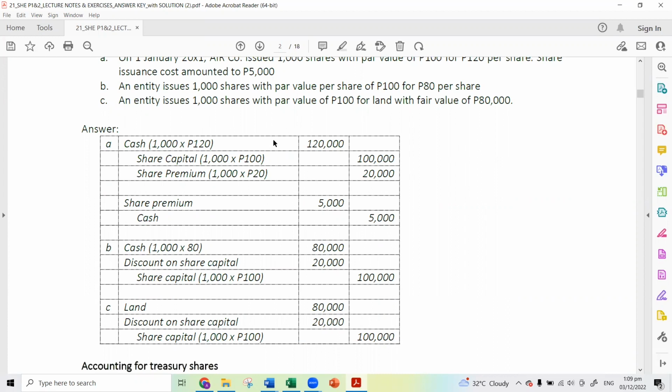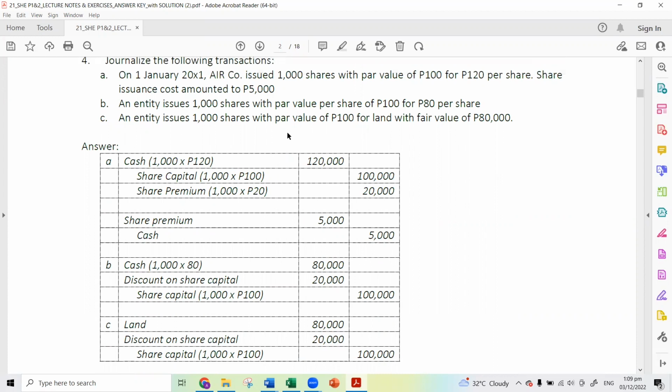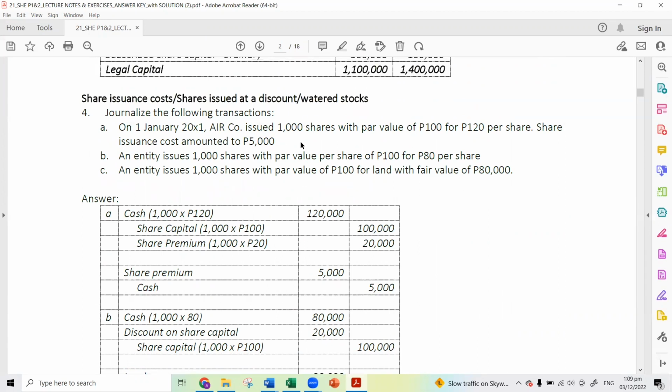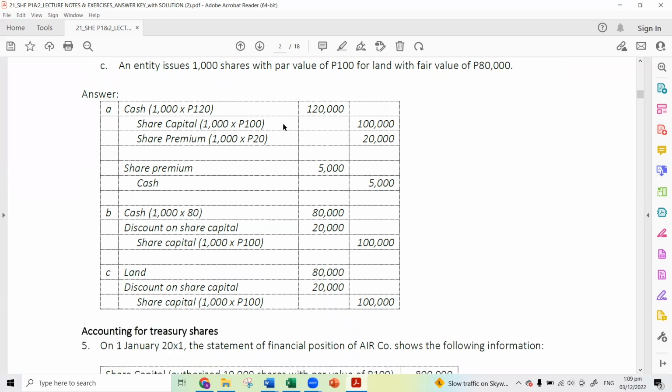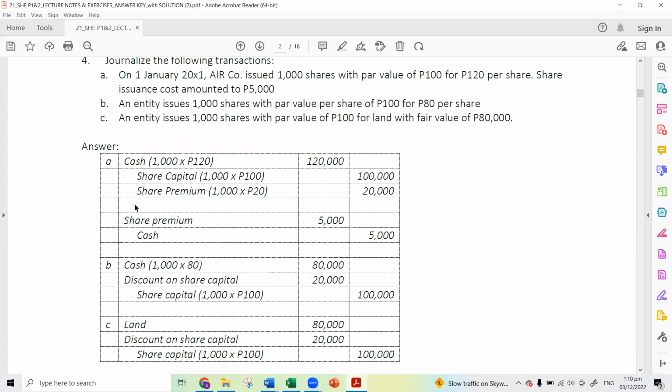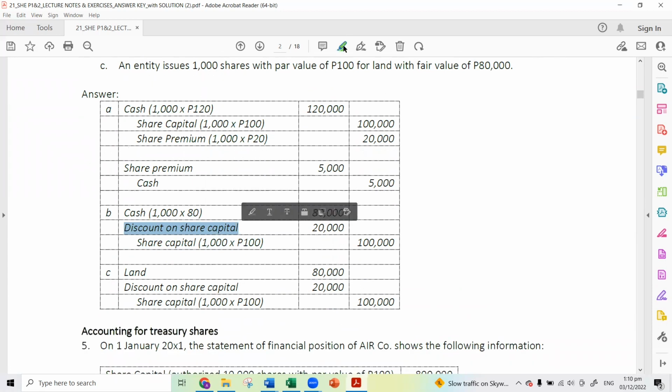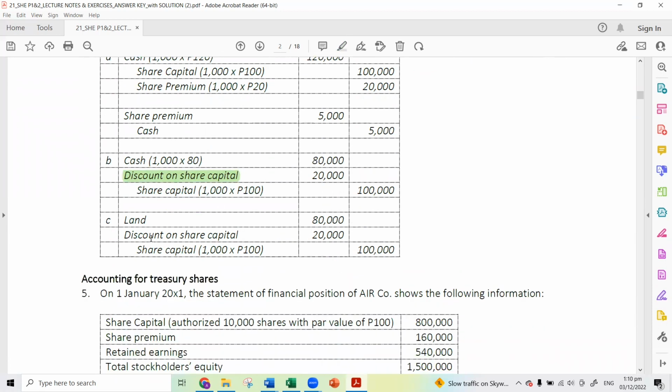So, let's proceed. Ano pa yung mga unusual dito? Ito. Discount on share capital. Okay. Yung discount on share capital, this is a receivable from what?